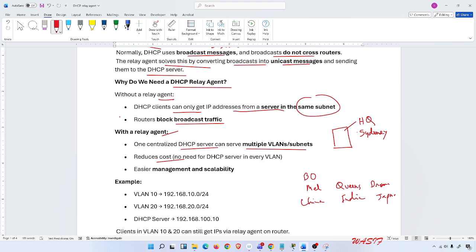Highly likely, most of the time organizations will configure the DHCP server on a Windows server, and you need to maintain it, and there are costs associated with that. If you have only one, it is easy to maintain, easy to monitor, and easy to protect as well. So, easier management and scalability.